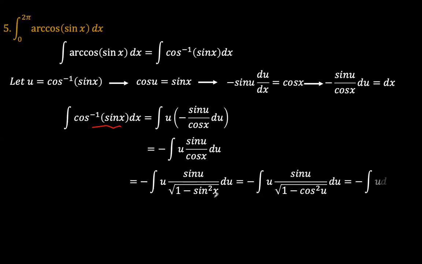And sine x is the same as cosine u, so 1 minus cosine squared u, square root. And since sine u is cancelled, we're left with negative integral of u. That means our answer is negative u squared over 2 plus c, and we know what u is. So the answer really is negative half times, in brackets, arc cosine of sine x, squared, plus c.